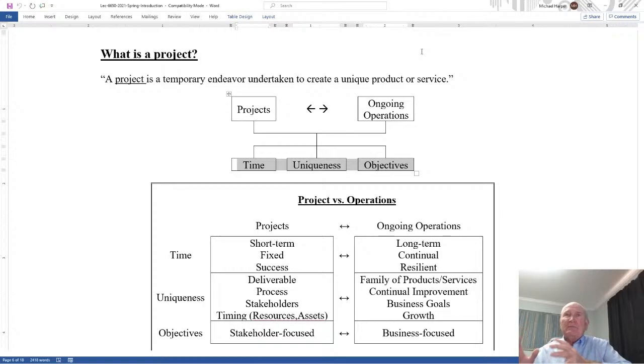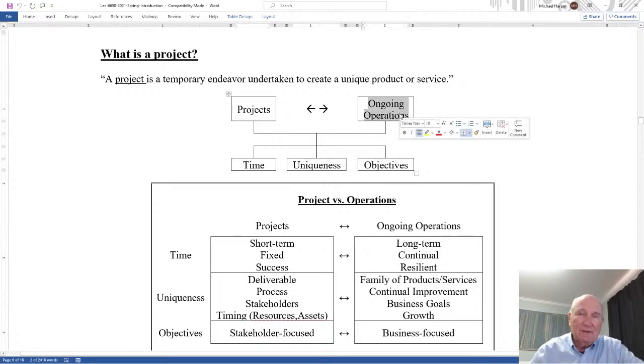But if you treat a project like ongoing operations, you'll delay, and you won't get it done on time. It'll be over budget, past the deadline, and your resources are tied up from other projects. And that probably sounds familiar because it's very common. A lot of people approach projects as an ongoing operation, and they never achieve their goals.